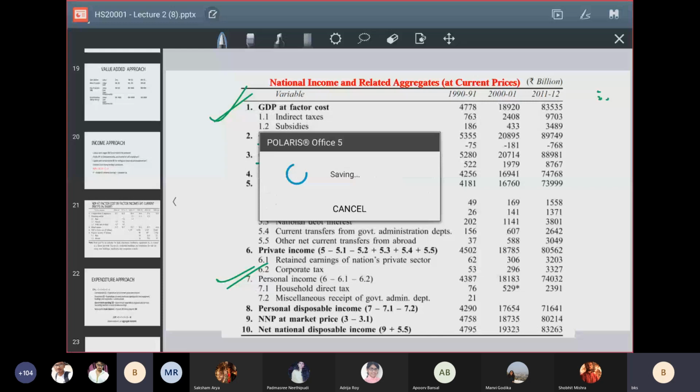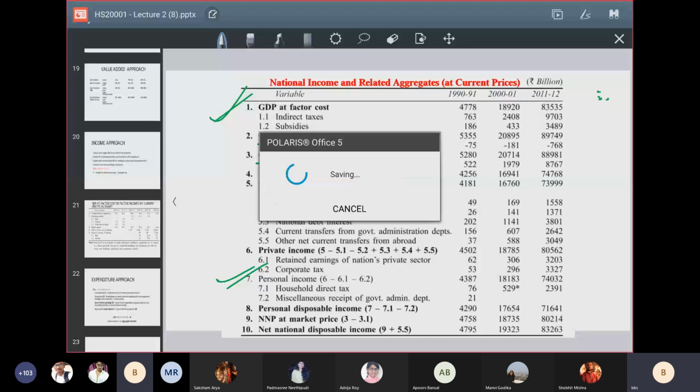Let's say the only factor of production used is labor. How many workers from other countries are employed in India? Then the Indian enterprises are paying that labor. Let's say the labor is coming from Bangladesh. So we are paying these Bangladeshi laborers employed in India some wages. That is factor payment to the Bangladeshi workers. Let's say we are paying 1,000 rupees to them.